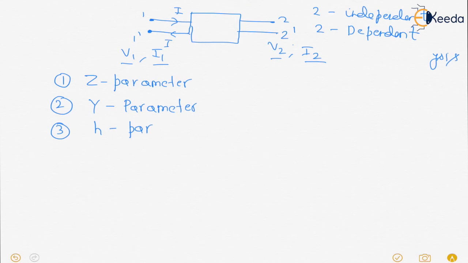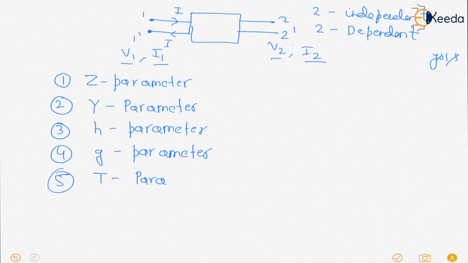Third one is H parameter, hybrid parameter. Fourth one is G parameter. Fifth one is transmission parameter, T parameter. Sixth one is inverse T parameter.